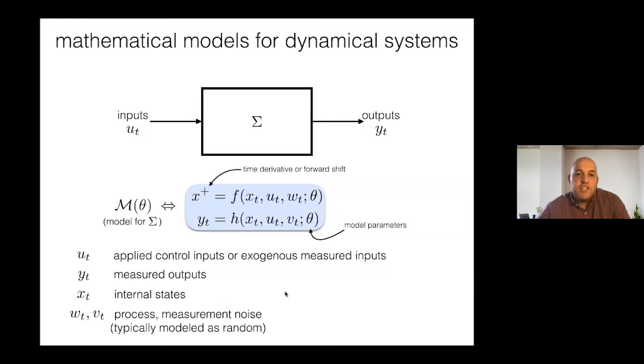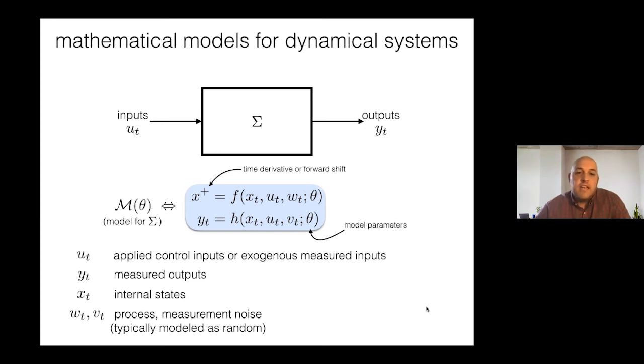The first equation is a state dynamics equation. On the left-hand side is either the state derivative or a forward time shift, the state at some time in the future. And that is modeled as some function of the current state, the current input, and this random process noise. This function is parameterized by a set of model parameters, which I've called theta.